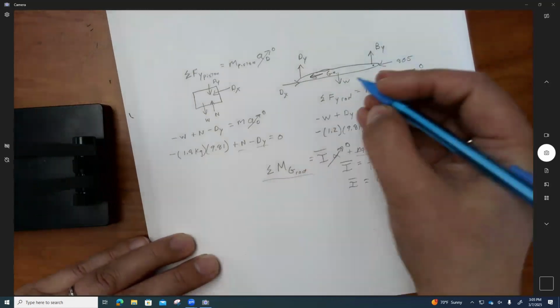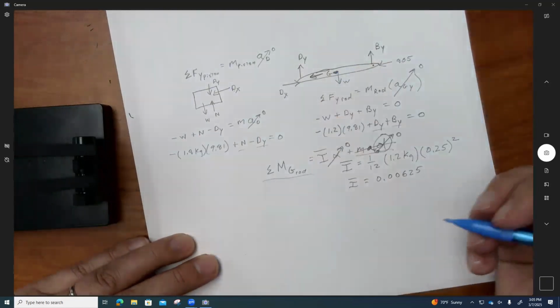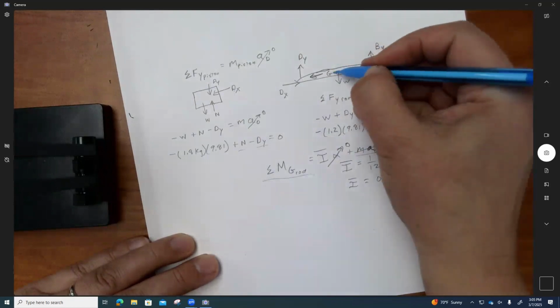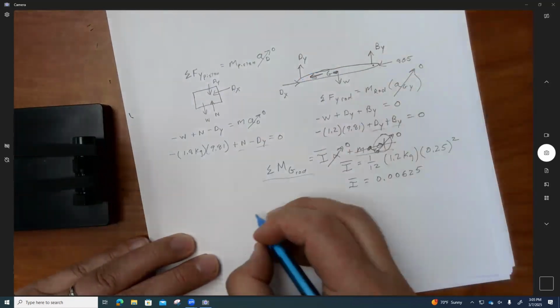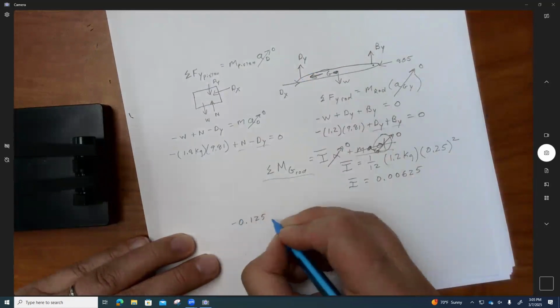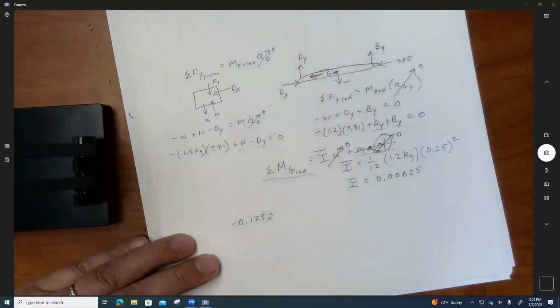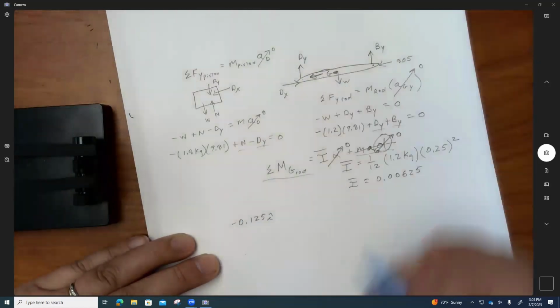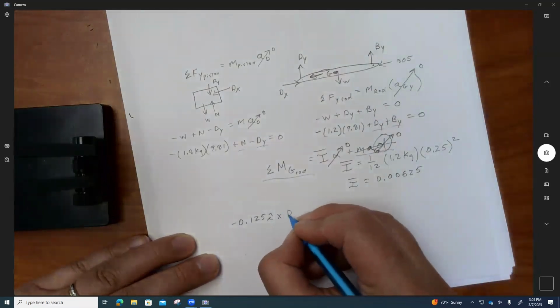That means that if we're summing moments at G, we're going to have our component from G over to D in the negative i direction equal to 0.125 minus i, crossed with Dy, going up in the plus j direction.